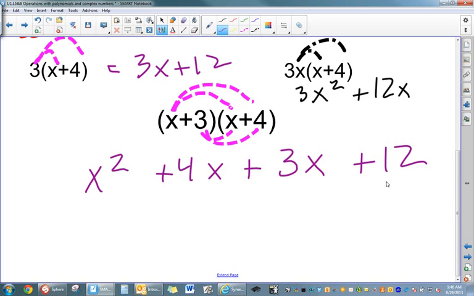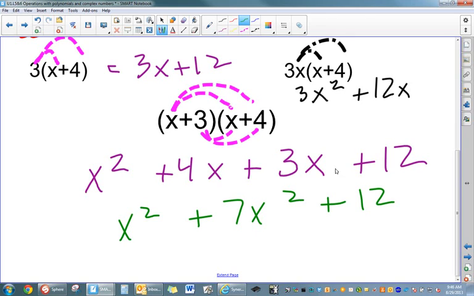All right, what is the last step that I need to do in this problem? Ayla? Very good. Right, you want to combine like terms. So we get x squared plus 7x plus 12. No, what's wrong with that?